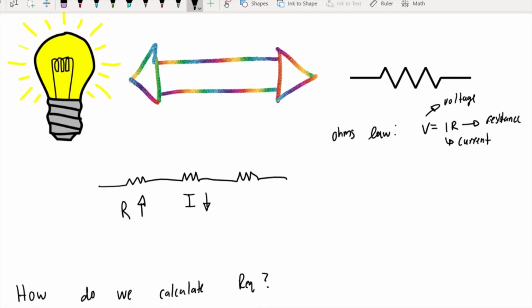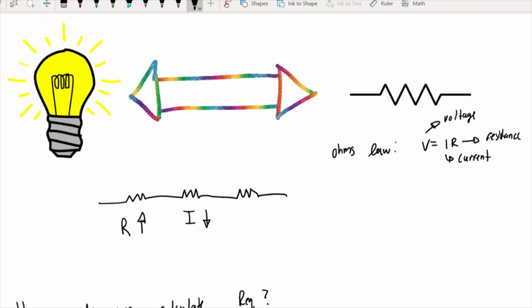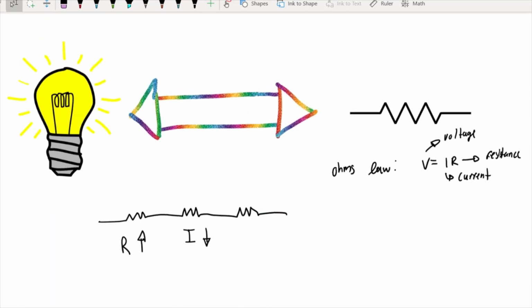But if you have something in parallel, like something like this, these could be thought of as light bulbs. It's the same thing as drawing them like that, like two light bulbs in parallel. If you have two in parallel, the opposite thing is going to happen.